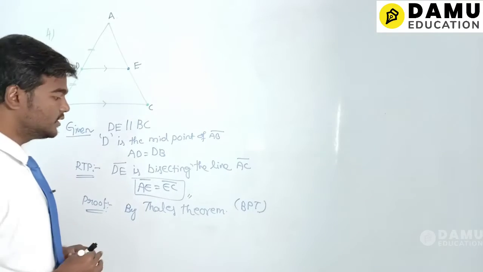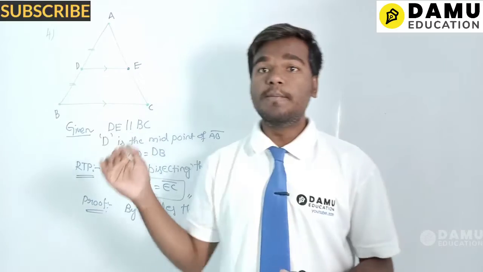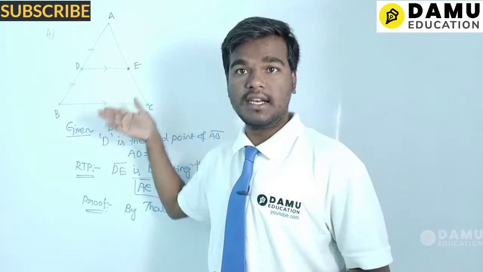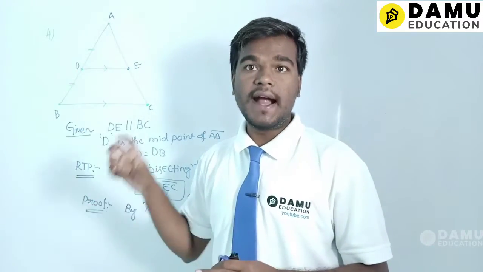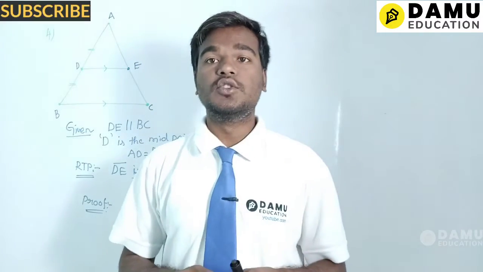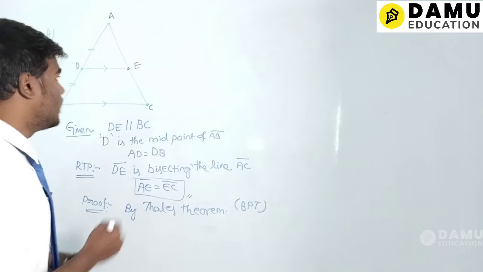That means any line drawn from the sides of a triangle which is parallel to the next side will divide the two sides into two equal ratios.